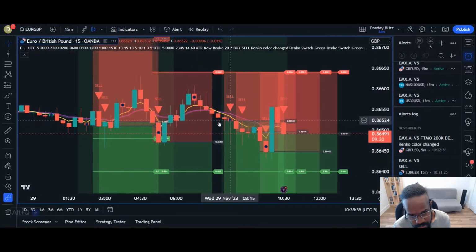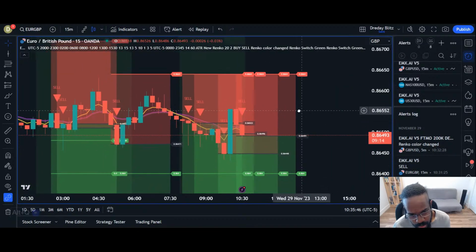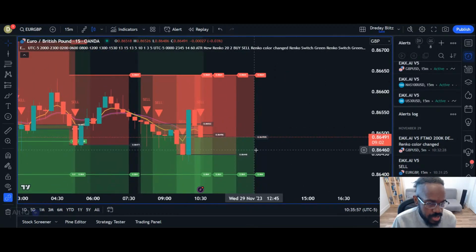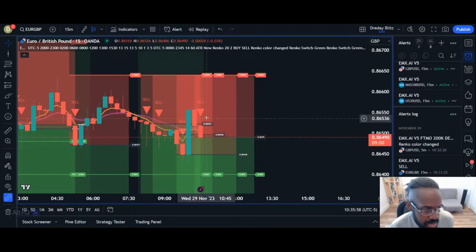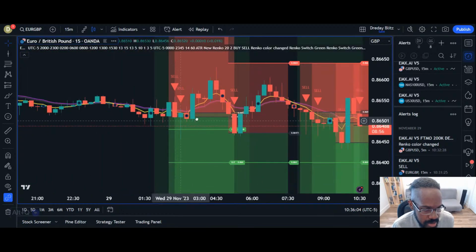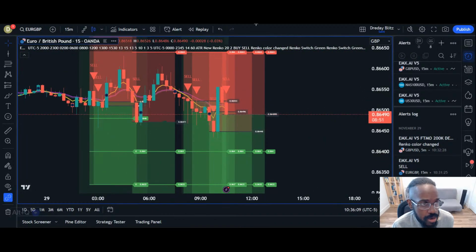Visually, it's better for me to look at, so it may not be the same for you. You could like a white background with different colors for your candlesticks. That's really your prerogative. The sell and buy is better to keep the same here. I don't think you have the option to change the color of the sell and buy icons.